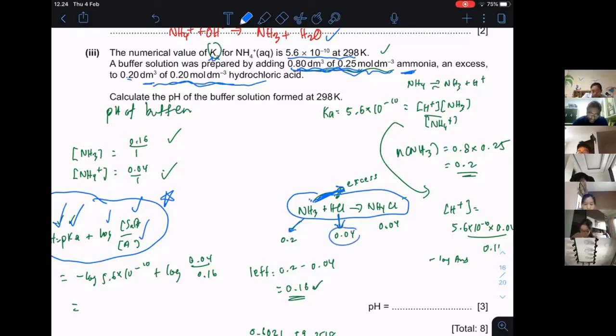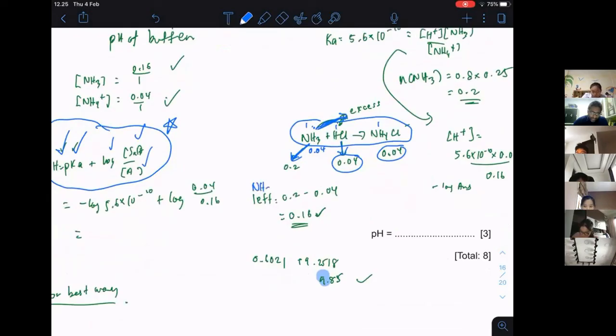So 0.04 moles, and 1 mole reacts to give 1 mole. Because of that, 0.04 moles of ammonia is going to be reacted. So what is left? The ammonia left over is 0.2 minus 0.04, which is 0.16.